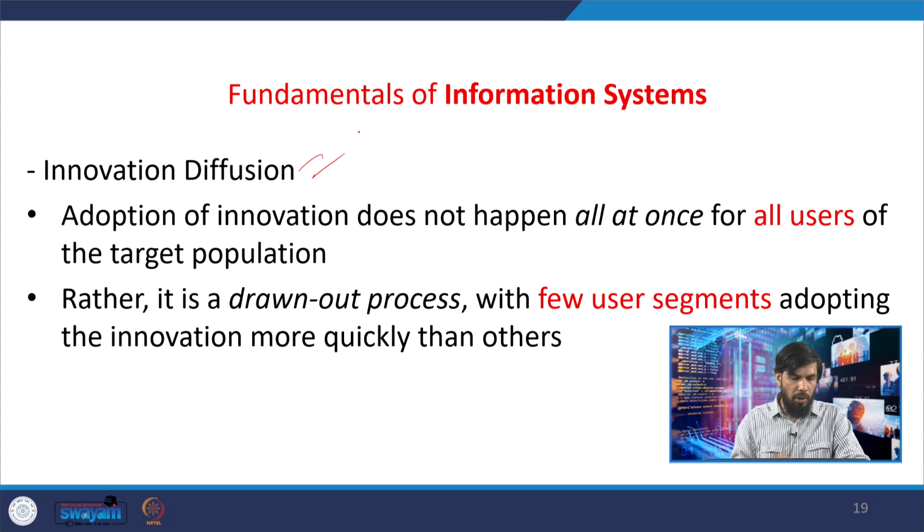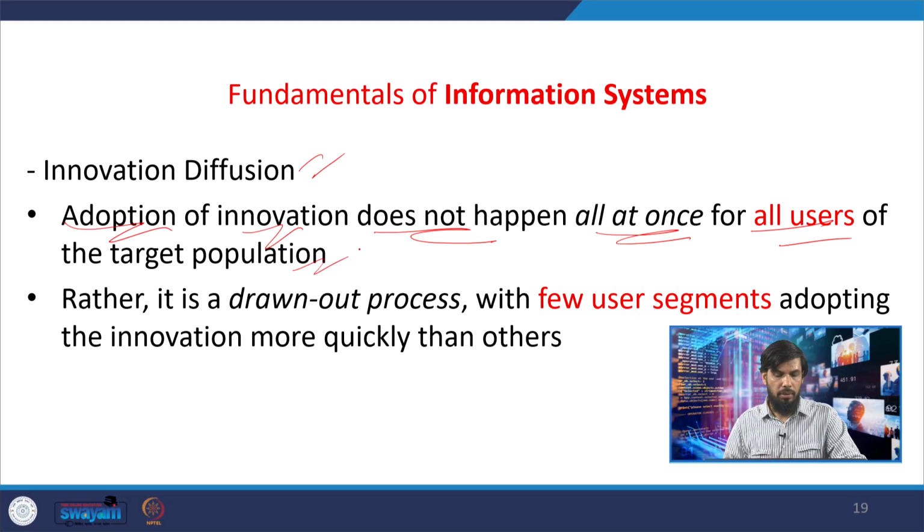Then the concept of innovation diffusion comes in. So what is innovation diffusion about? Adoption of innovation does not happen all at once for all users of the target population, right. When you come up with the disruptive innovation, not all users might be enticed to it, not all users might be interested in it, because performance levels might also be an issue, as we talked about.